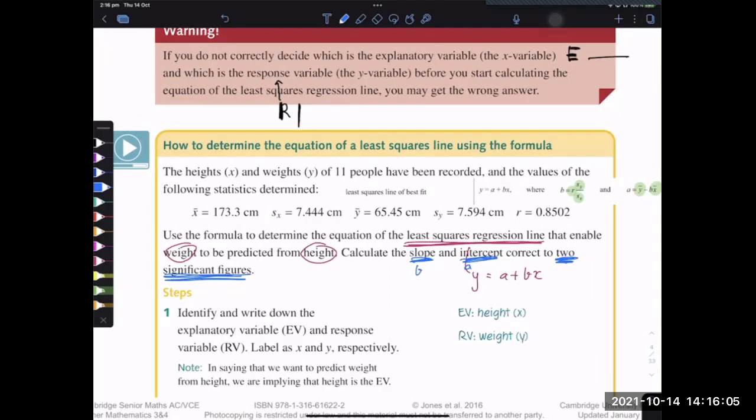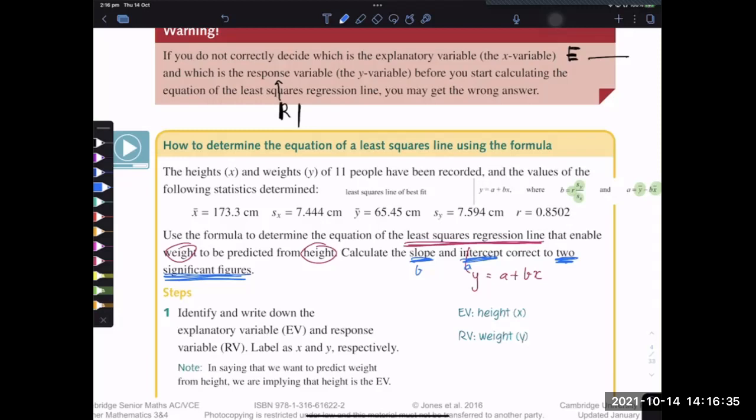So Arafat, if we are talking about significant figures, do we want fixed or float? If it was decimal places, which one is it? Fixed or float? Fixed. Right. So what about two significant figures?